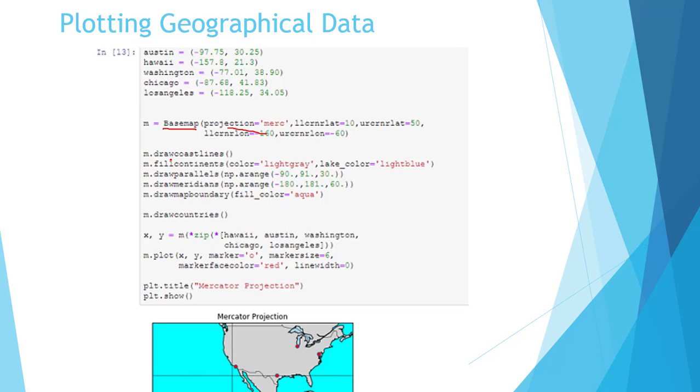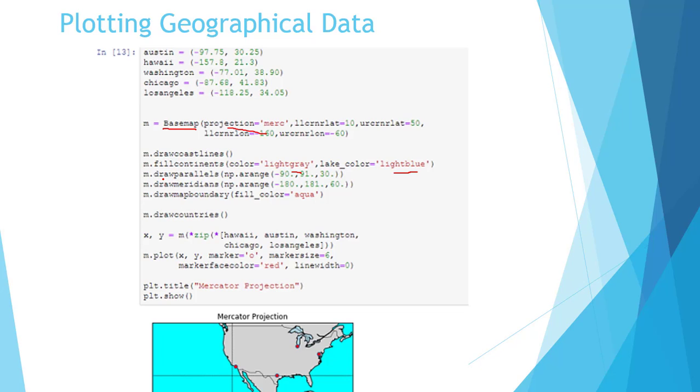After that, we have called the draw coastlines function, which determines whether the coastline is highlighted or not. Next is fill continents. Here we have specified the lake color as light blue and the other color as light gray so that we can discriminate between the continents and the lakes.